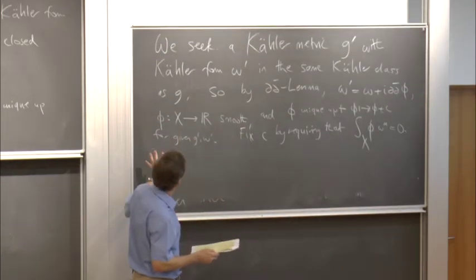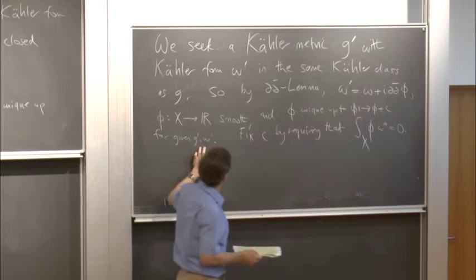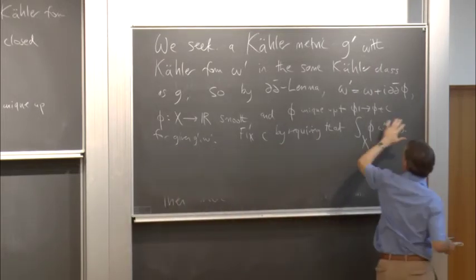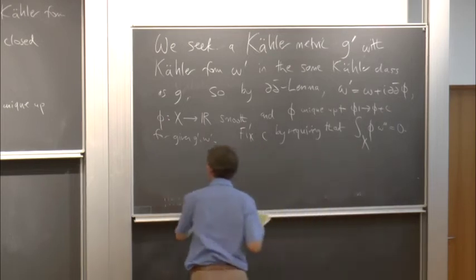Okay, so we want some smooth function phi, such that this thing is going to be a Kähler form with the correct Ricci curvature.